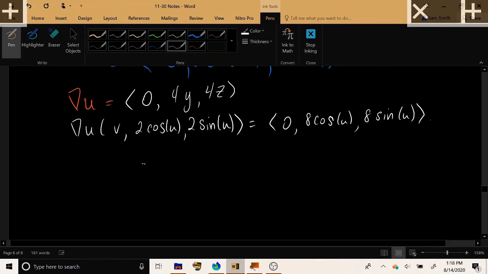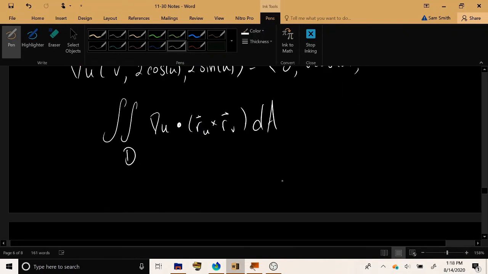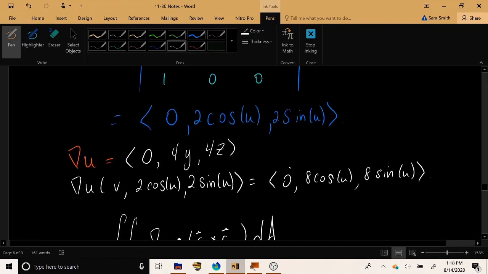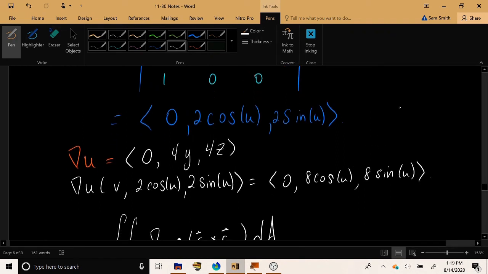Alright, so now let's take the double integral over the region D of the gradient of u dot product r sub u cross r sub v as a double integral. Now if I look at that dot product, here is the gradient of u, and here is the cross product that we calculated earlier.